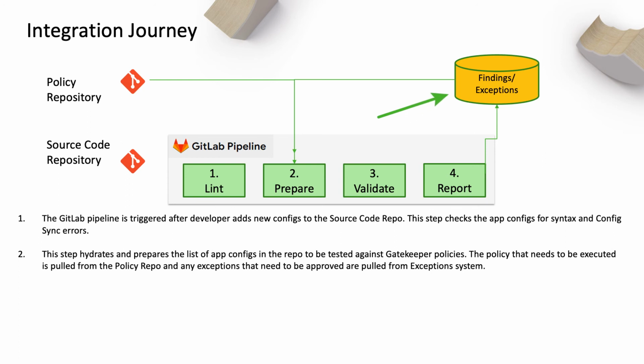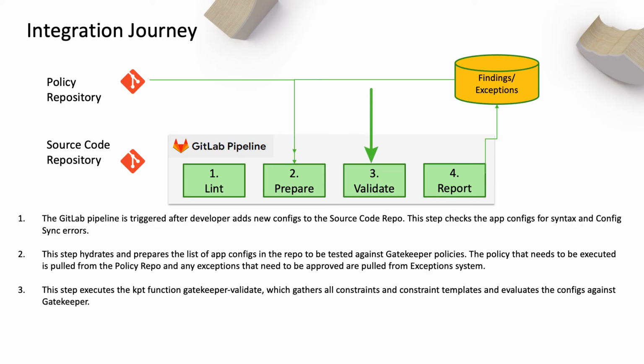Those need to be centrally maintained in an exception management platform. We, in this prepare stage, can integrate into those centrally managed exception platforms and pull those approved exceptions also into this. So our prepare stage now will have the list of security policies that need to be applied, and if a business has any exception, that detail is also fetched.